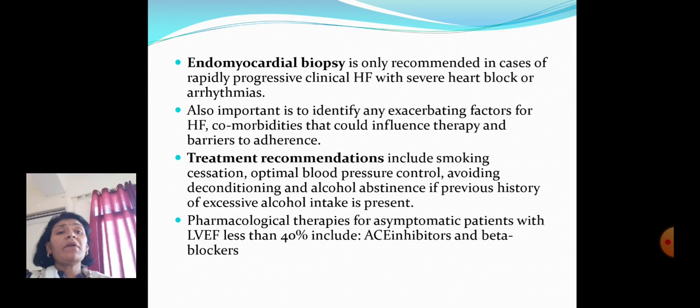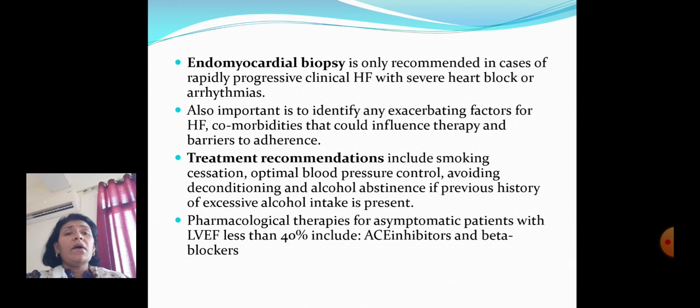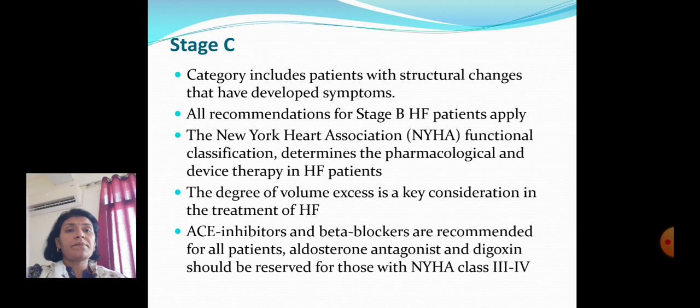The treatment recommendation also should include smoking cessation, optimal BP control, avoiding deconditioning, and alcohol abstinence if there is previous history of excessive alcohol intake. Pharmacological therapies for asymptomatic patients in which the LV ejection fraction is less than 40% include ACE inhibitors and beta blockers.